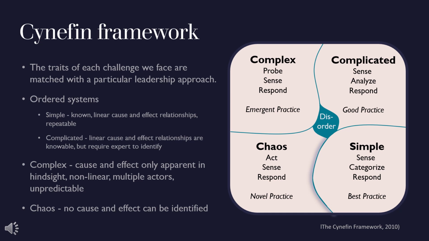This is where you want to find people that have been working in this for a while to really get into the data to understand the situation. And there may be good practice. So there may be multiple really well thought out ways to approach this that can have a linear cause and effect relationship, but it might not be as clear as it would be in simple and requires that expert perspective to make sense of the information of what's happening in the system.